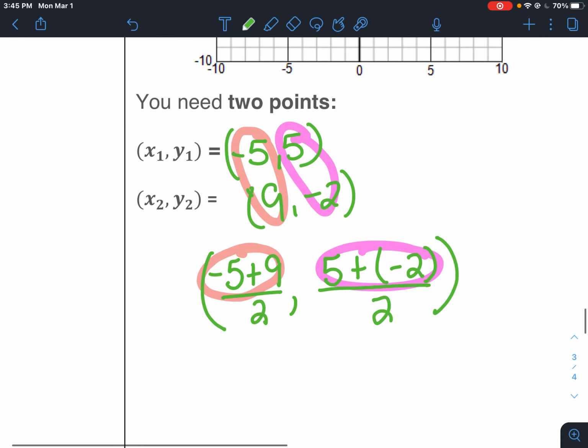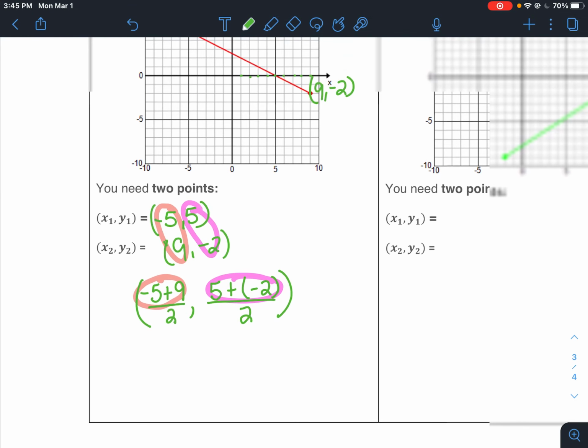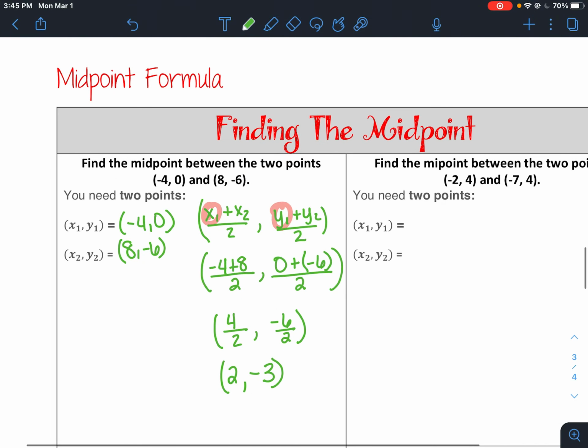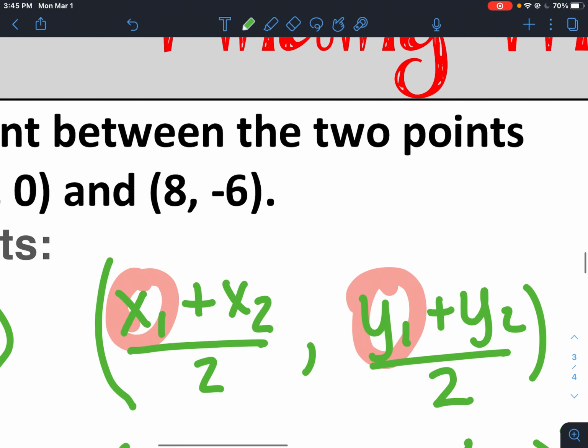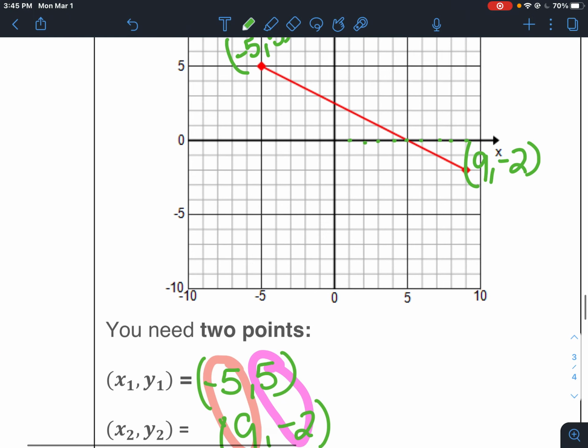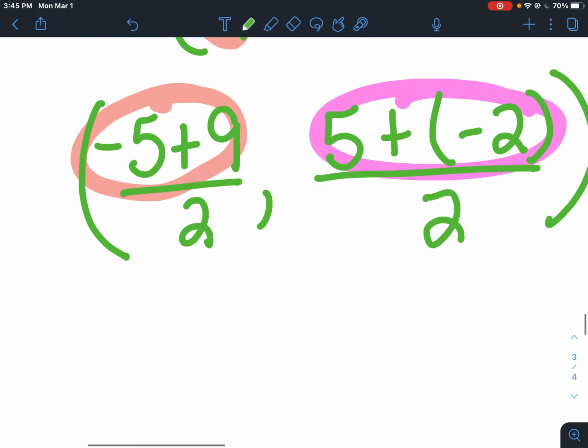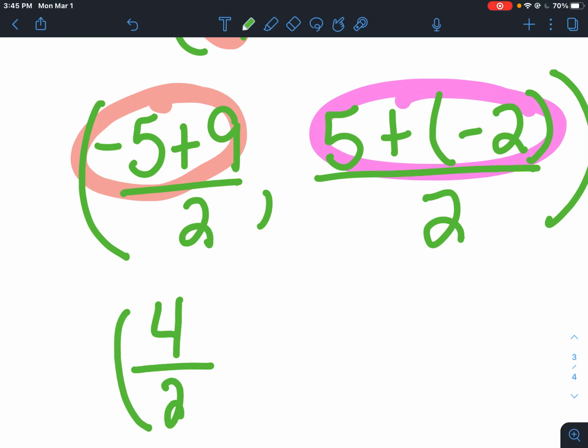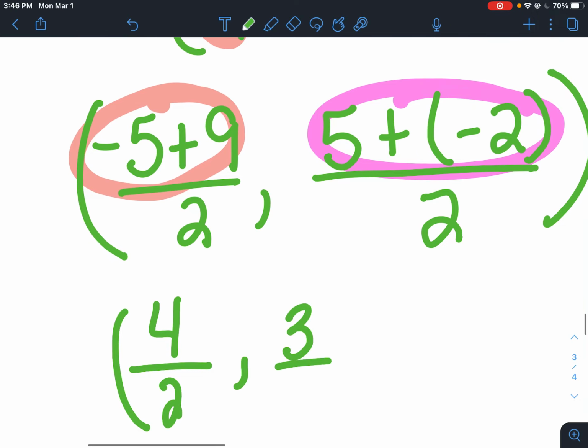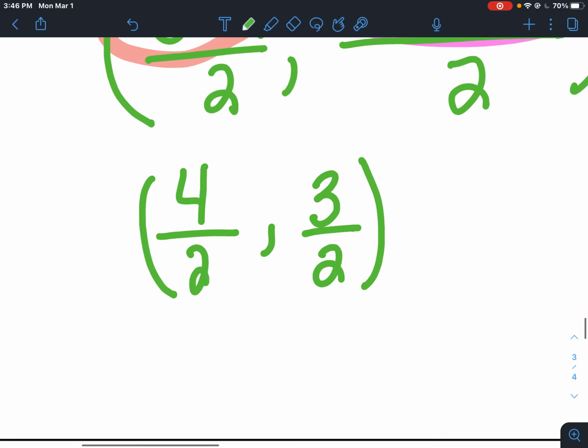If you're like, whoa, I didn't quite understand that, I think you skipped a step, you can always write down the formula again if that helps you with your number placement. You don't have to skip this step, I just did. So now we'll add them together. -5 plus 9 is 4 divided by 2, and 5 plus -2 is going to be 3 divided by 2.